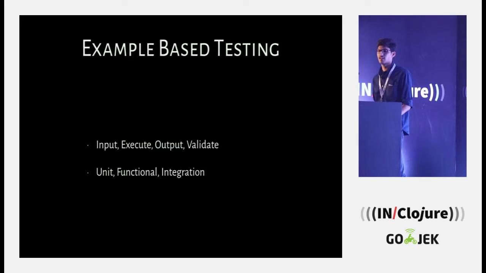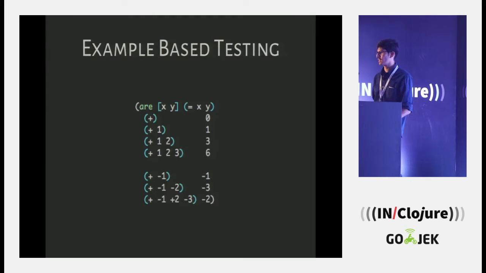Usually you have an input that the developer thought of and put down, and you run your code under test against this input. You take the output and validate it against the output that you expect. So you have input and output that the programmer already knows, and you validate against it.